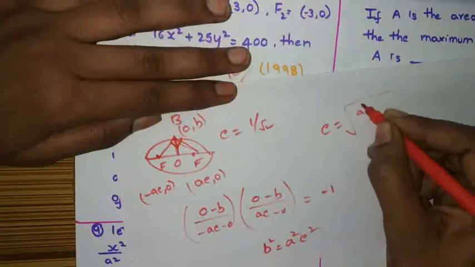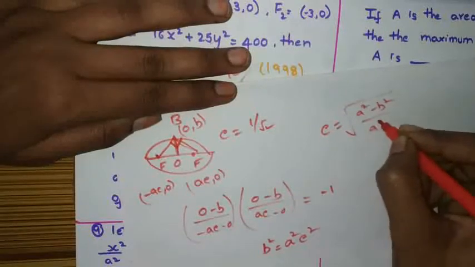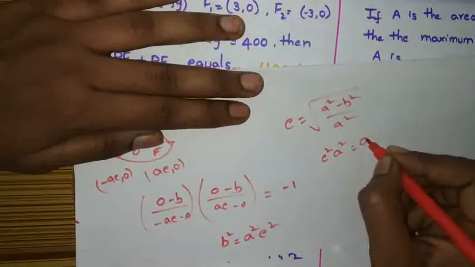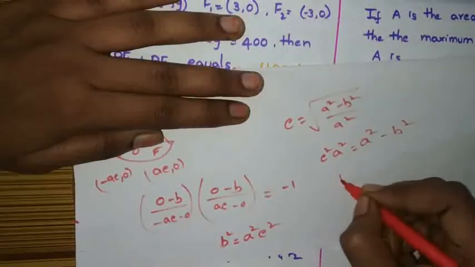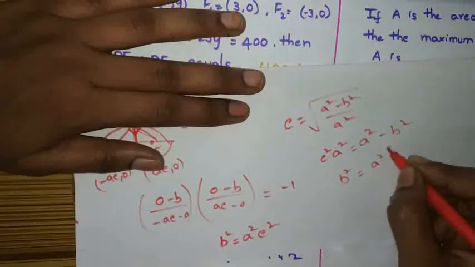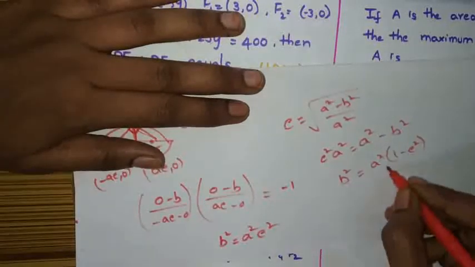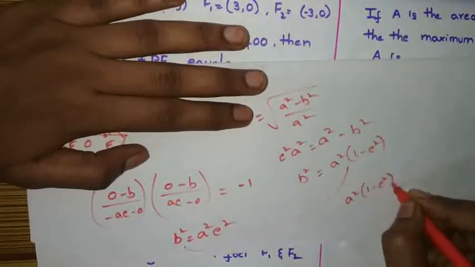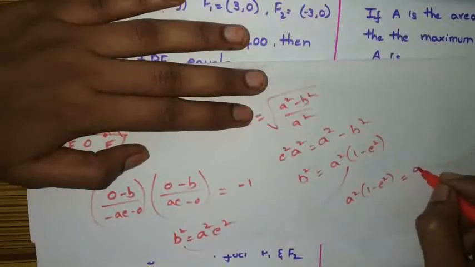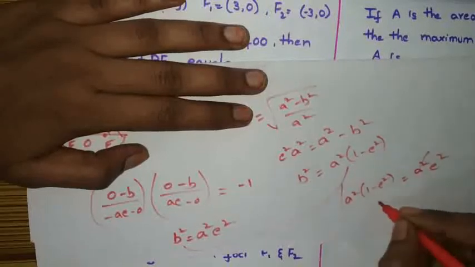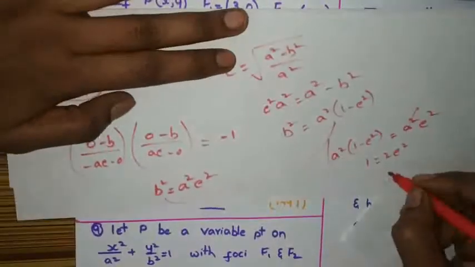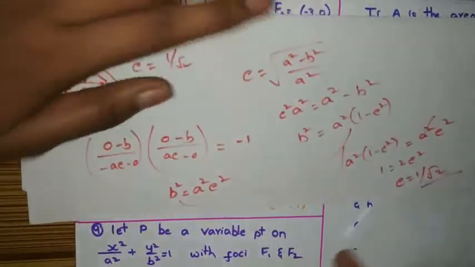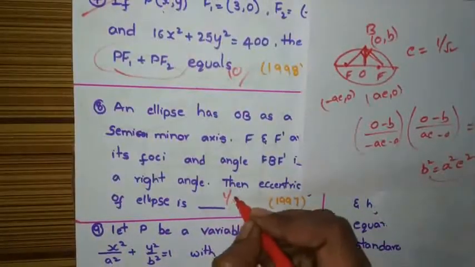Square root of a square minus b square by a square. Okay. Now E square a square is equal to a square minus b square. And b square is a square into 1 minus e square. Substitute this here. A square into 1 minus e square is equal to a square e square, and 1 is equal to 2 e square, and e square value is 1 by 2, e value is 1 by root 2. That's it. Eccentricity is 1 by root 2.